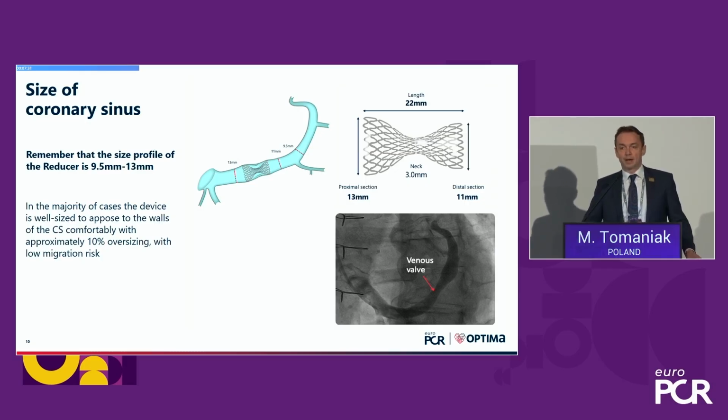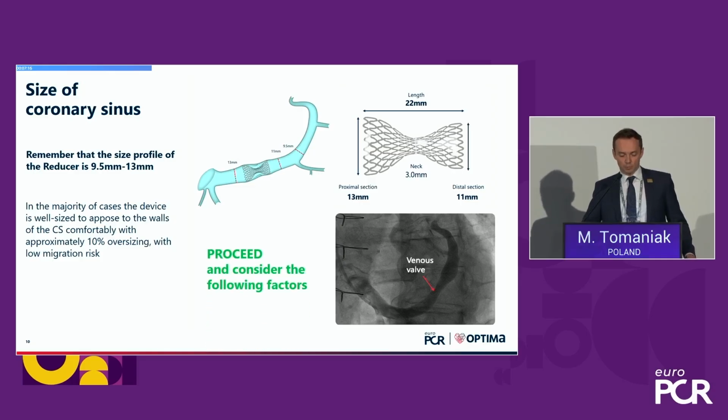We keep in mind two facts: that the size profile of the reducer device is between 9.5 and 13 millimeters, and that we do intend to oversize the device approximately 10% to confirm its stability in the place that we wanted it to be.